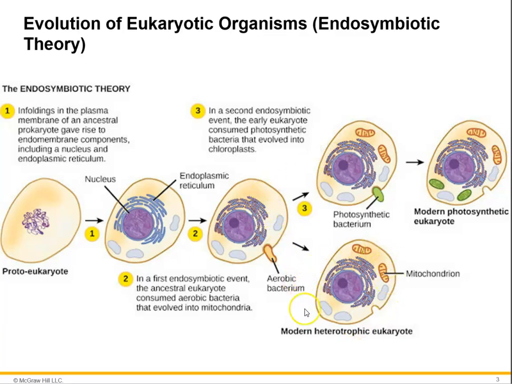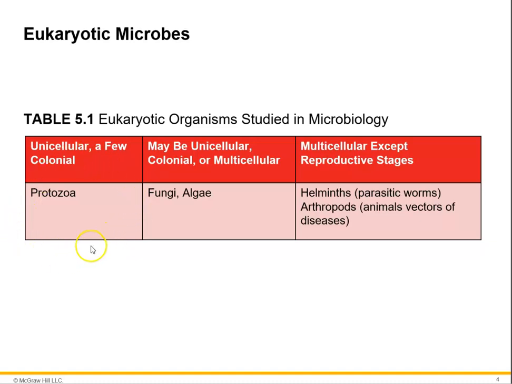These guys down here, the ones that did not have that second endosymbiotic event with the photosynthetic bacteria, go on to become modern heterotrophic eukaryotes. So that would be organisms like the protozoa, fungi, and animals. These are the eukaryotic organisms we're going to talk about over this course.